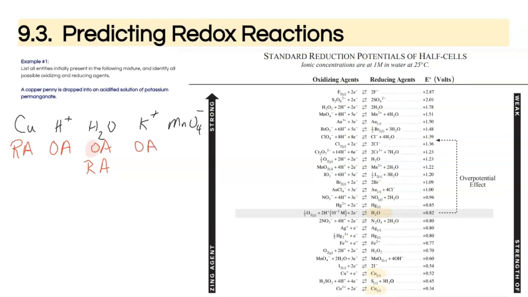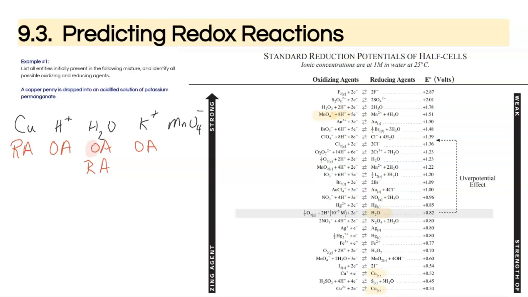And then lastly, I'm going to look for my permanganate ion. And so permanganate is at the top of the list, and we want to be careful here. I'm seeing that I have permanganate right here, and it's with some hydrogen ions.